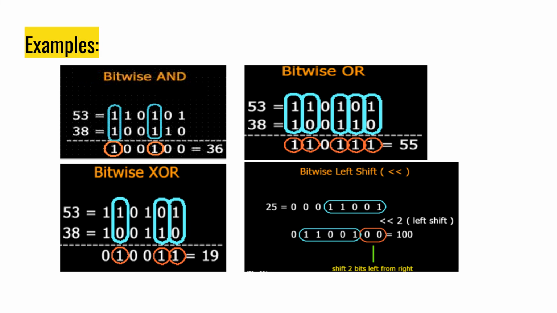And for left shift, the example number is 25, shifted 2 times. However many times you want to shift, you add that many zeros to the rightmost side, so you push the number 2 bits left, which means you add 2 zeros to the rightmost, and then you complete it.